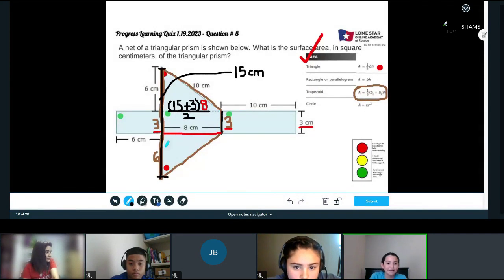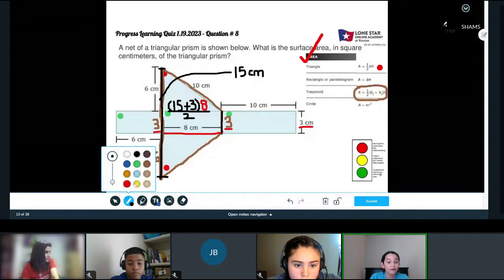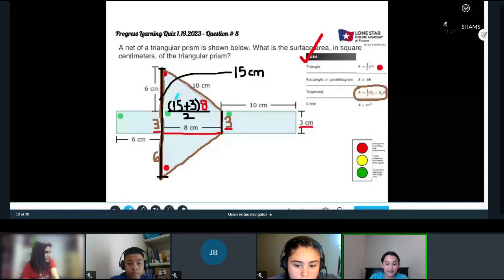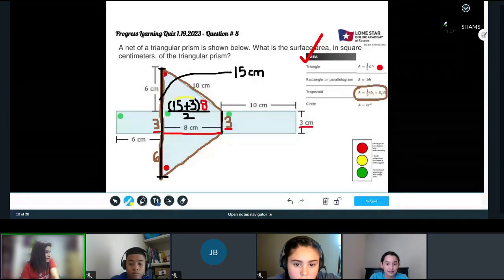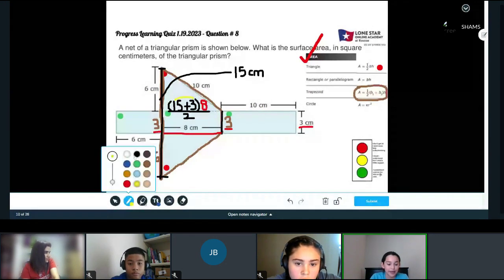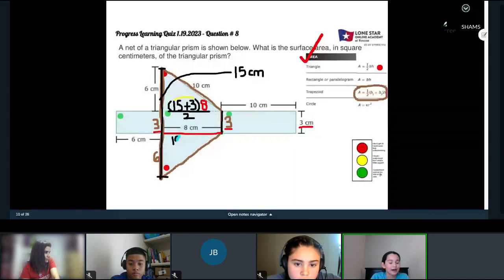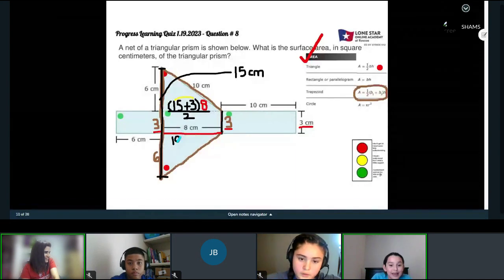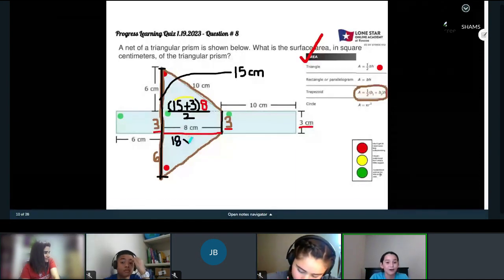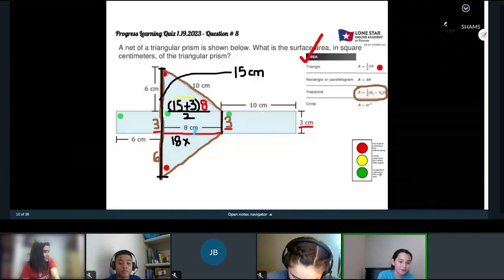Yes. And now, since we already added, but first let's add the 3 plus 15, which would give you 18. Yep, add them and we get 18. So now it will be 18 multiplied by 8 over 2 if you want to do it that way.